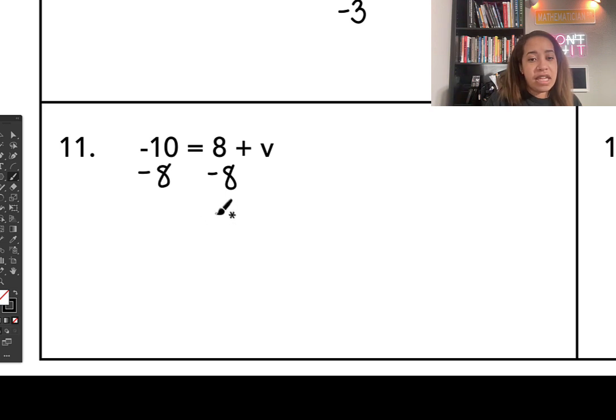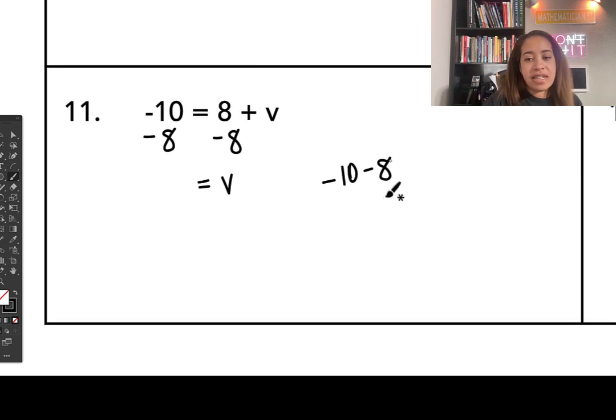Now I've got v all by itself on the right side, and on the left side, I've got -10 minus 8. So let's think through this problem. -10 minus 8. We see a subtraction problem, so we can say keep, change, change. We keep the -10, change from a minus to a plus, and change from a +8 to a -8.